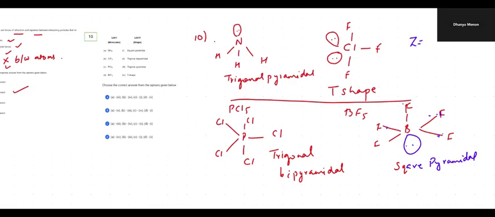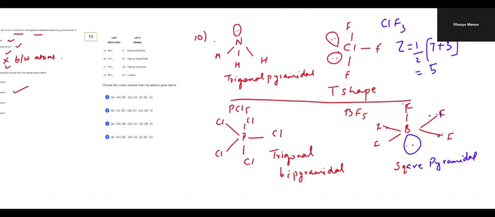Z is equal to half of, suppose I'm talking about ClF3, number of valence electrons in the outermost shell of the central atom, that is chlorine, is 7. There are no positive or negative charges. If it was negative, we have to add. If it was positive, we have to subtract, but there is no such thing here. Plus the number of monovalent atoms, that is fluorine is a monovalent atom, 3 of them. So half of 10, which is equal to 5.